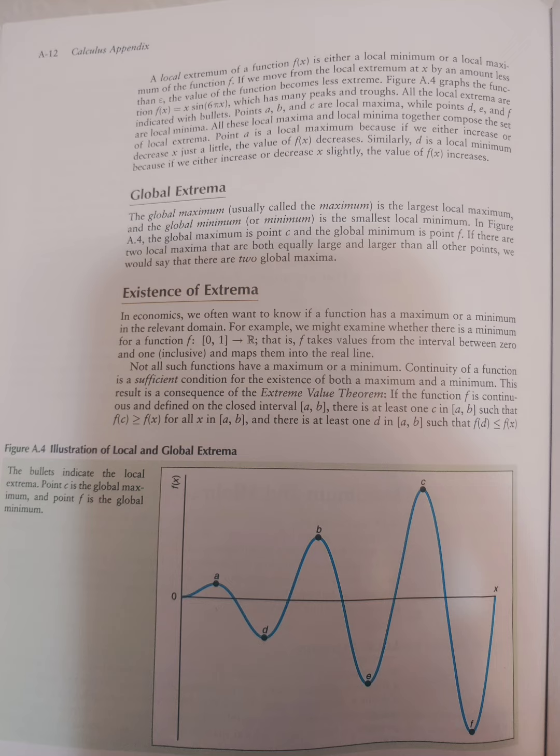In figure A.4, the global maximum is point C, and the global minimum is point F. If there are two local maxima that are both equally large and larger than all other points, we would say that there are two global maxima.